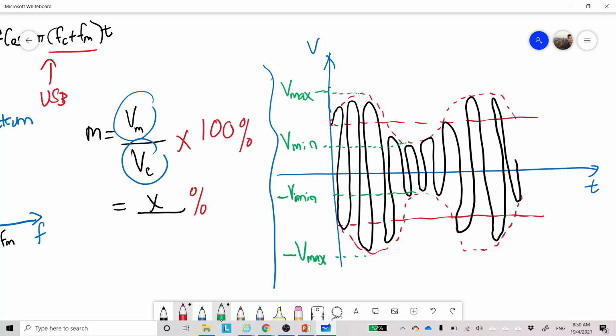The bandwidth for AM is equal to the upper sideband, the highest frequency, FC plus FM, minus FC minus FM. So you will get 2 FM.